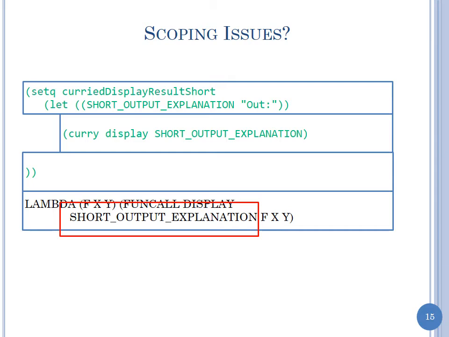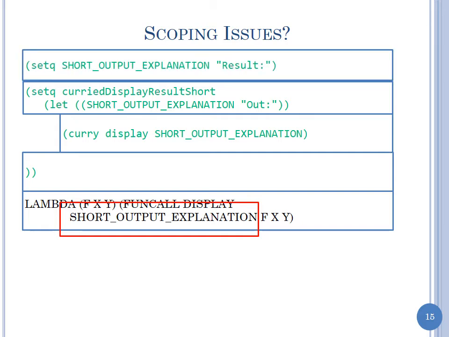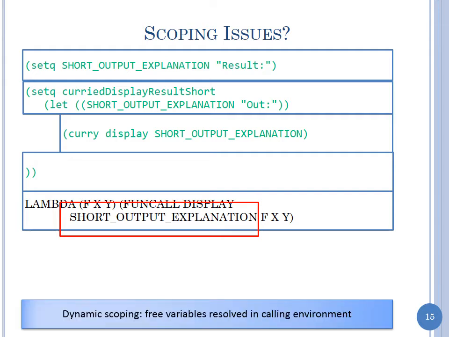And so it'll be the global one. And is that what we want? That's a judgment call. But probably that's not what we want. So this particular variable will be used. So this is dynamic scoping: free variable absorbed in the calling environment, we got a lambda.